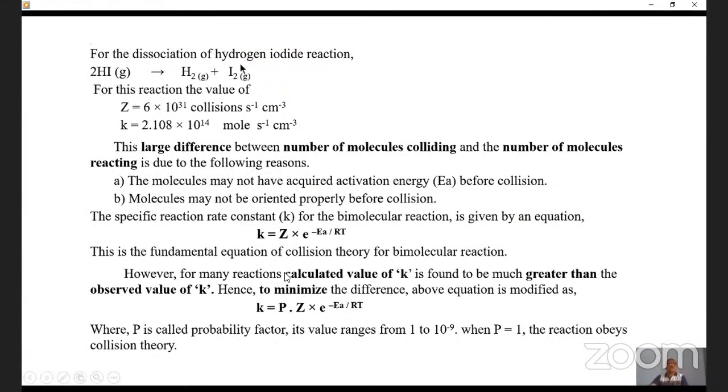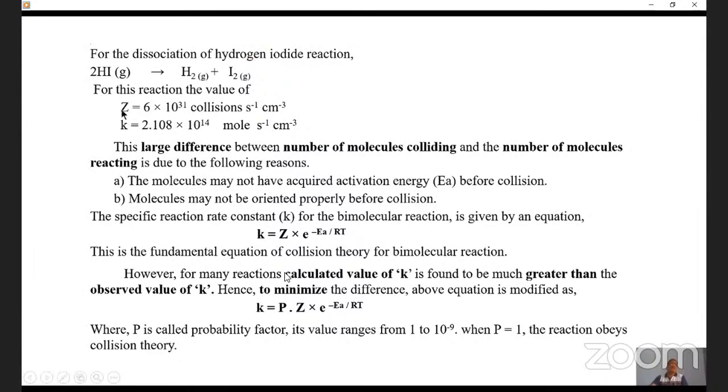For the dissociation of hydrogen iodide, say 2HI gas giving rise to H2 gas plus I2 gas, for this particular gaseous state reaction, the value of Z is found to be equal to 6 into 10 to the power 31 collisions per second per cubic centimeter, whereas the value of the rate constant K is found to be 2.108 into 10 to the power 14 mole per second per cubic centimeter.